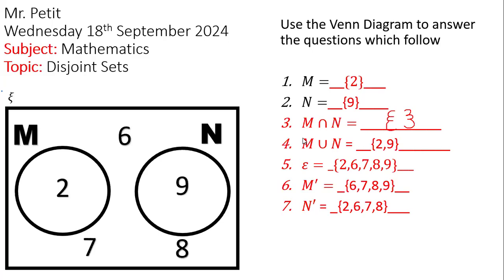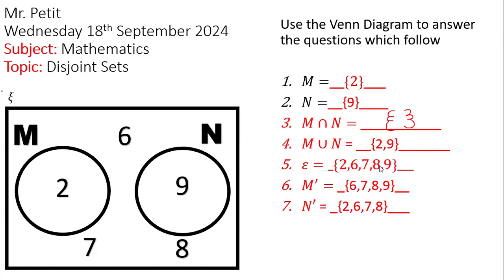Good. Number 4 is basically asking for the union, and the union is 2 and 9. For number 5, it's asking for the universal set, and the universal set is 2, 6, 7, 8, and 9.